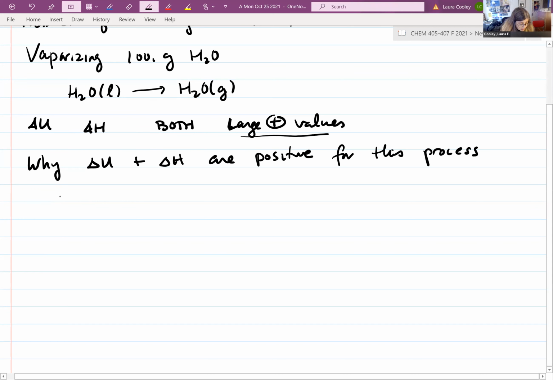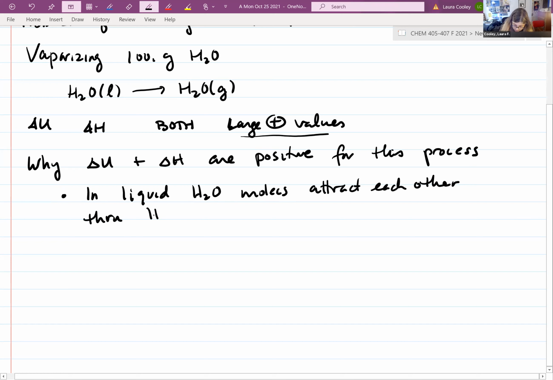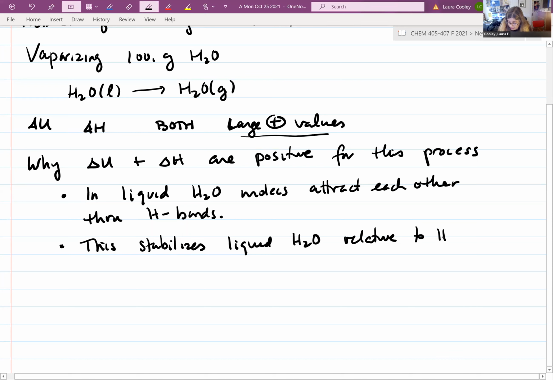So the reason is really that in the liquid, water molecules attract each other through hydrogen bonds. And this stabilizes liquid water relative to the gas, because there are no such stabilizing interactions in the gas phase.